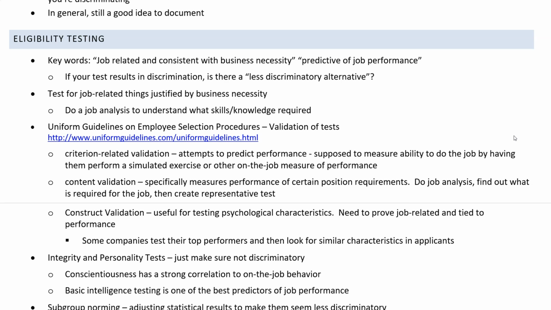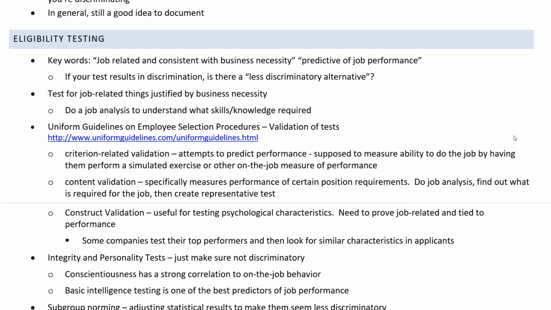Some key words that we'll hear when deciding whether a test is fair and legal to use are: is it job related? Is it consistent with business necessity? Is it predictive of job performance? These are the kind of things I want to test for anyway, because I'm just trying to figure out if the person will be a good fit and the best qualified person for the job.